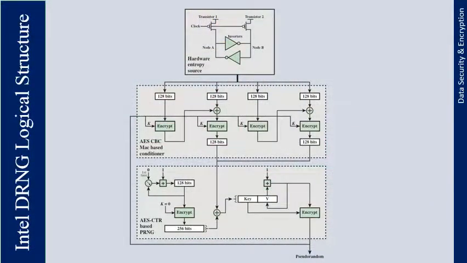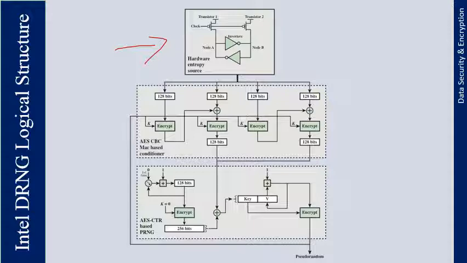This figure shows a simplified view of the logical flow of the Intel digital random number generator. The heart of the hardware entropy source is a pair of inverters that feed each other. Two transistors driven by the same clock force the input and output of both inverters to the logical state 1.